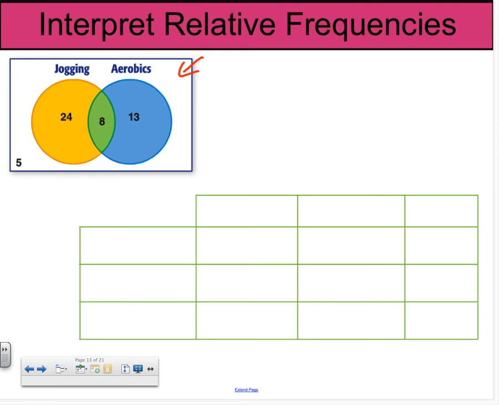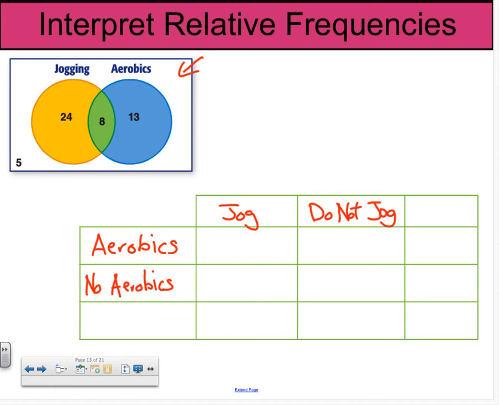So let's say aerobics here. Hope I didn't spell that wrong. And then let's go with no aerobics. And then over here, we're going to have people that jog and people that do not jog. And of course, these are going to be the totals.